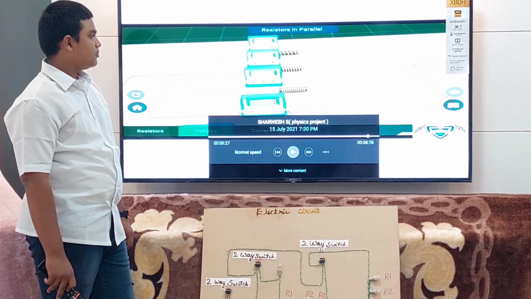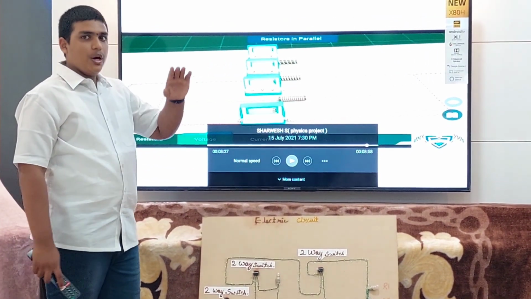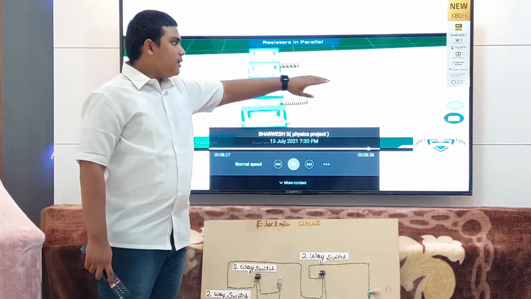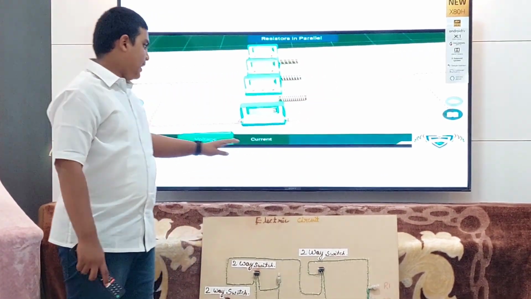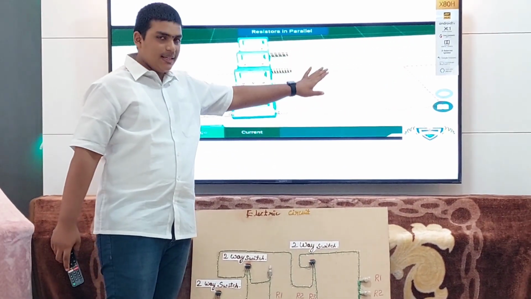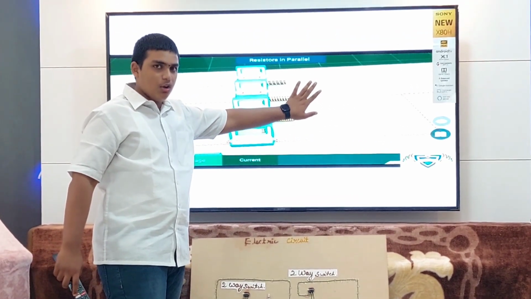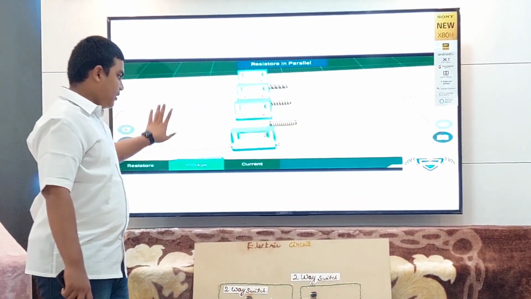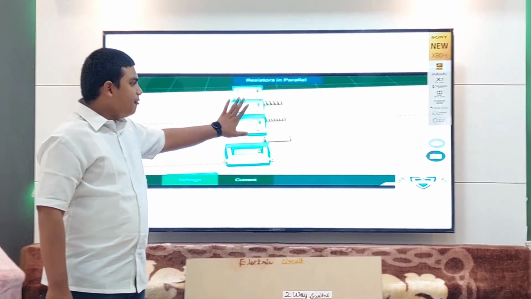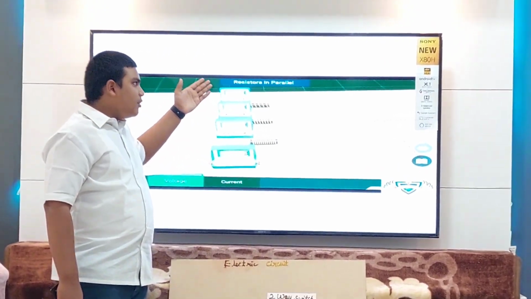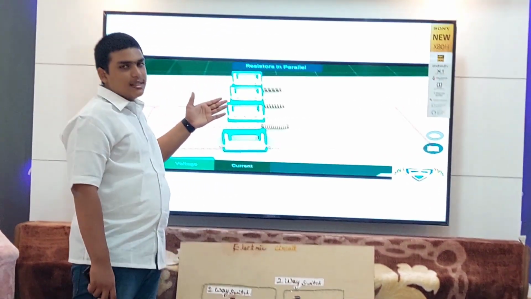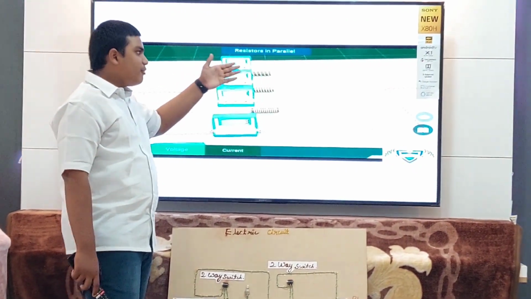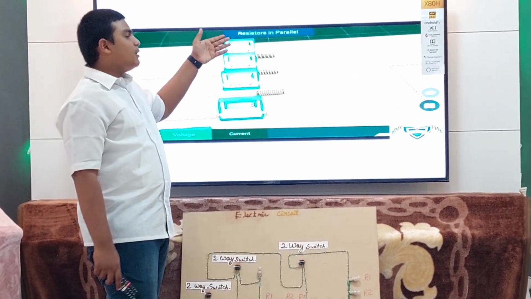You have seen here, if we place an ammeter for each, there will be a different value, but for the total we will get 550. Here if we place a voltmeter, we are getting the same value, 3 volts for each.